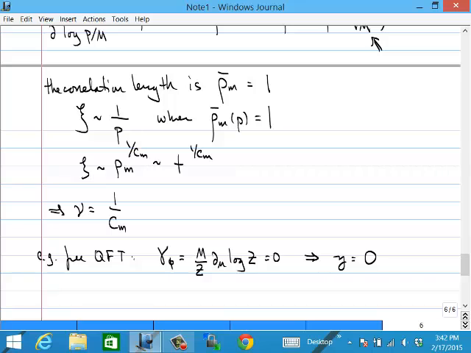Likewise, in a free theory, the change of the parameter rho m is only governed by the fact that we pulled out an overall factor of the normalization scale m squared to make that coupling constant dimensionless. And so that gives you just a 2.